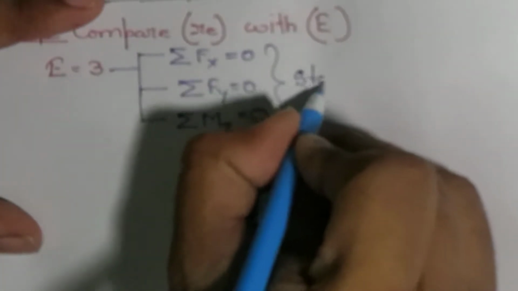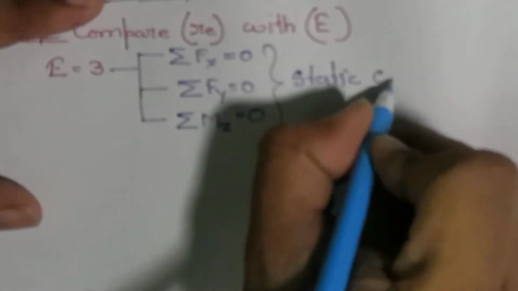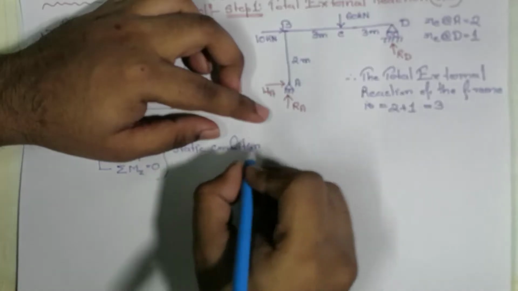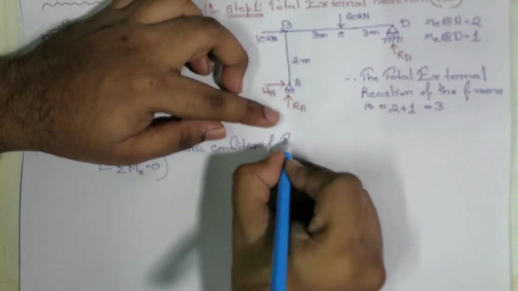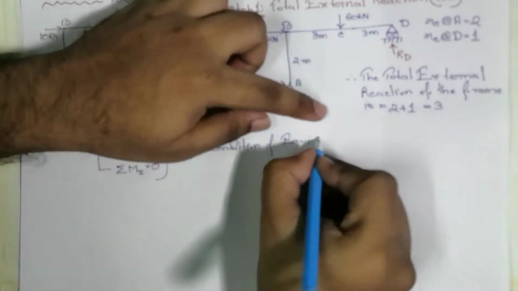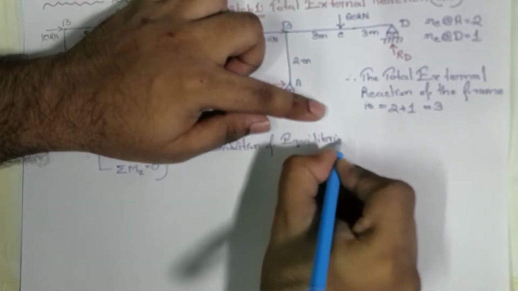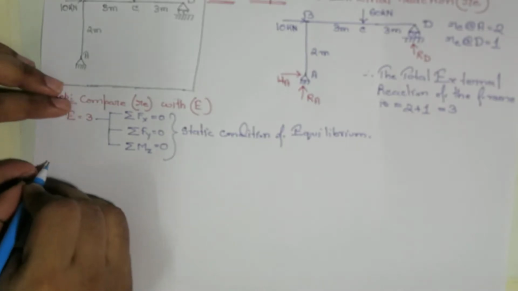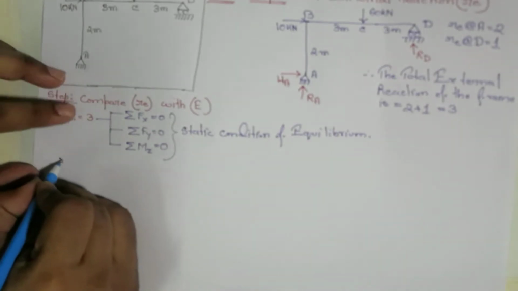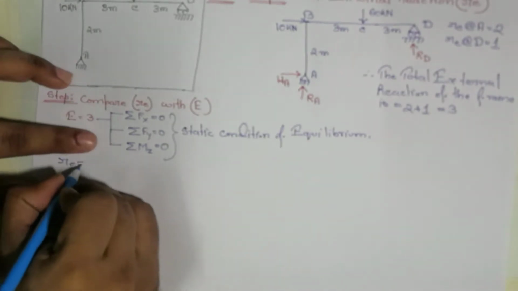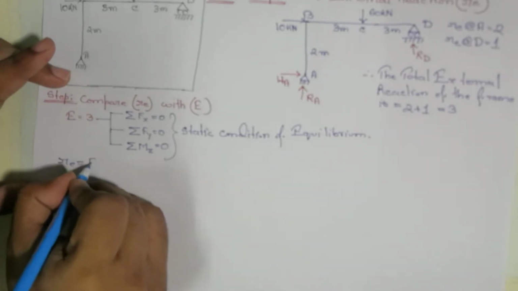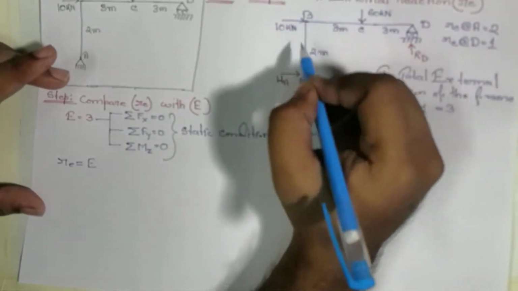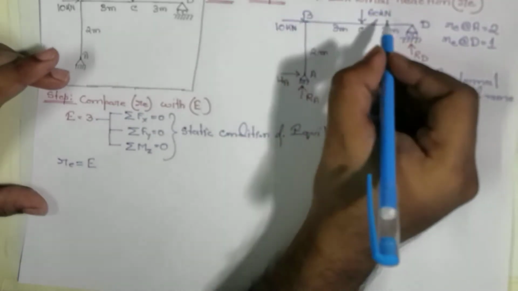Now these are called static conditions of equilibrium. Now we are going to compare them. RE is equal to, as we can see, it is equal to E. RE is 3 and E is also 3 for this particular frame system.